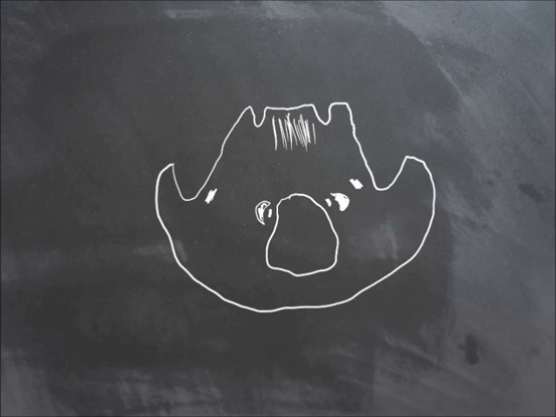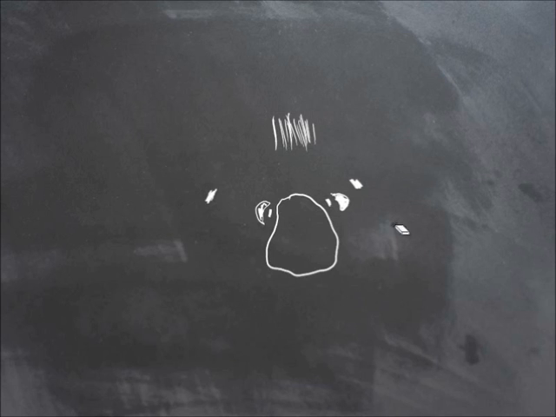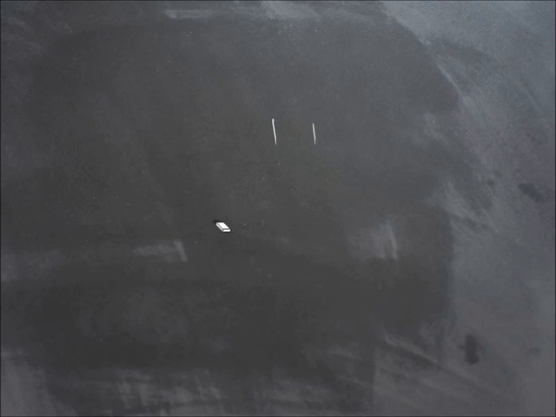And that is the posterior cranial fossa. Now, we're going to look at the bottom of the skull now. So this is just taking the skull and turning it over to see the bottom of the skull. So an exterior view.